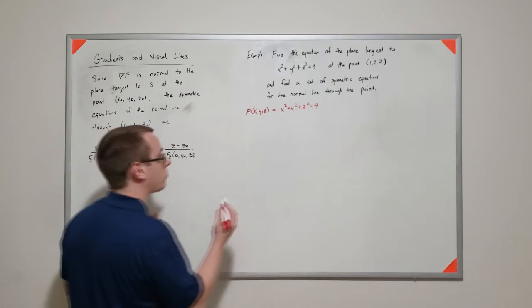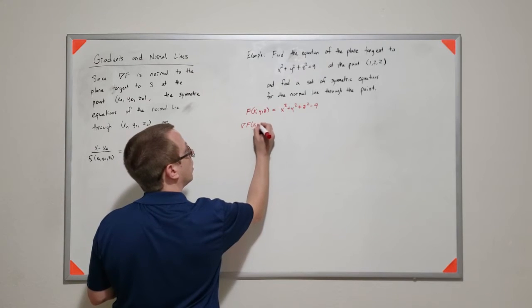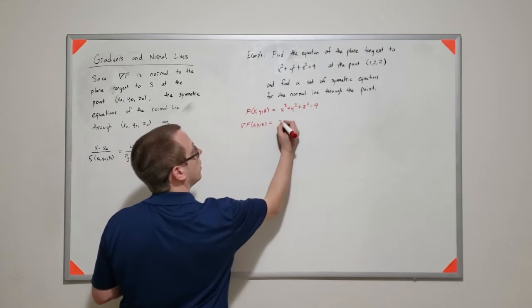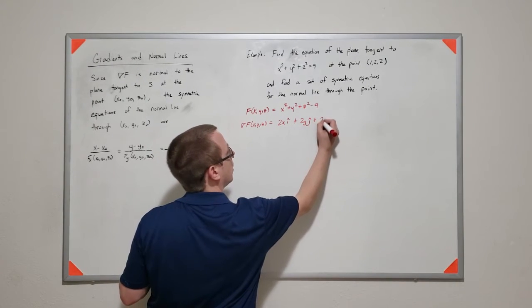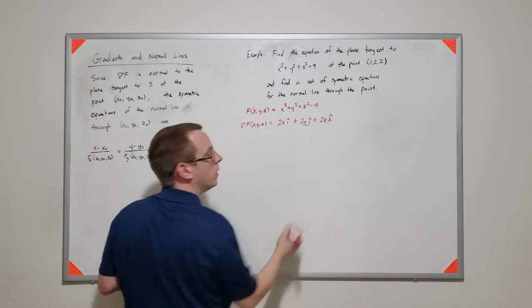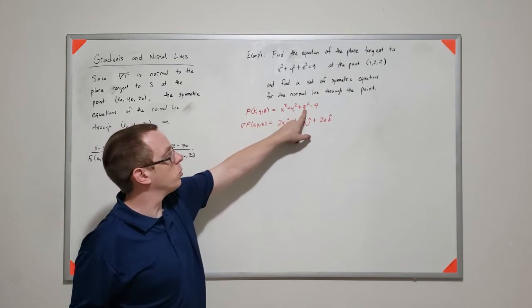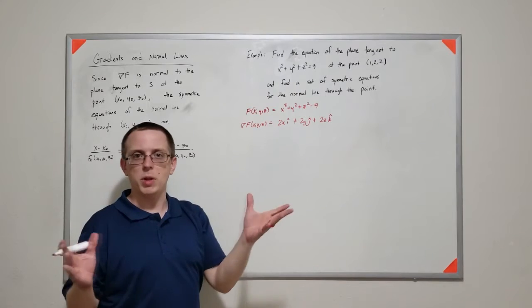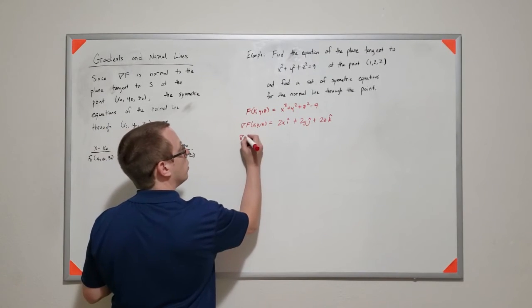So if we get the gradient, simple partial derivatives, partial with respect to x, partial with respect to y, partial with respect to z. They're not multiplied together, everything else comes out super clean.